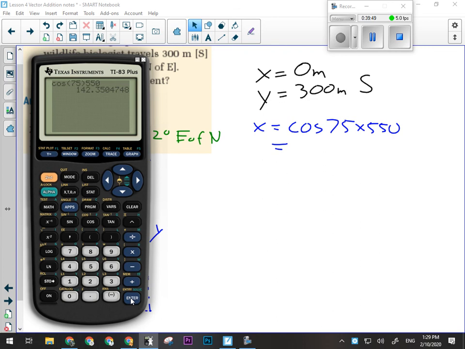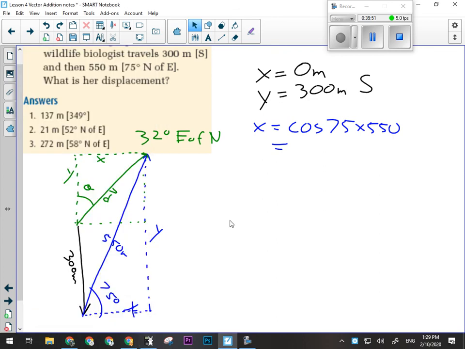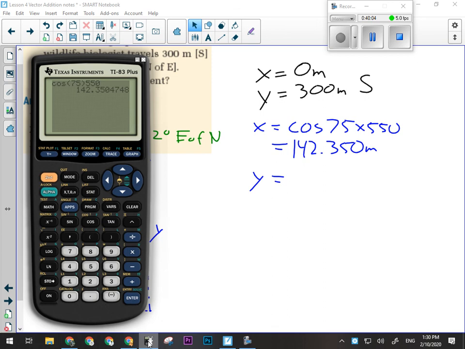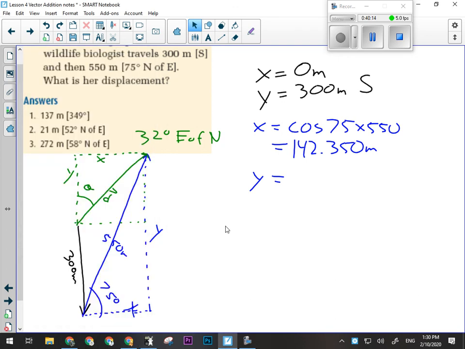So that side's 142.350 meters, and then my y component is the opposite side. So that's going to be the sine of 75 degrees times 550. All right, so that side's 531.259 meters, and, sorry, this one is east, this one is north.